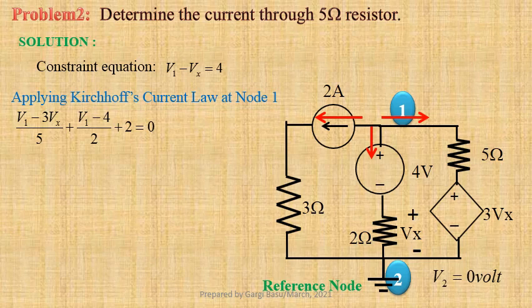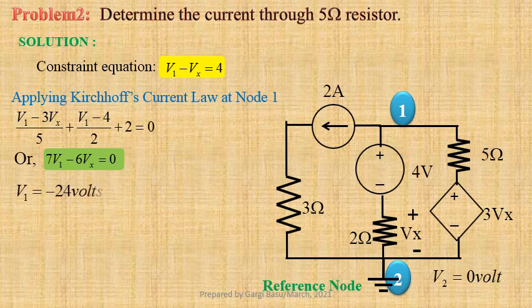By simplifying this equation, we get 7V1 minus 6Vx equals 0. We have two unknowns V1 and Vx, and we have obtained two equations. By solving them, we get V1 equals minus 24 volts and Vx equals minus 28 volts.